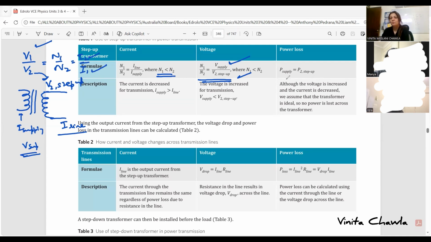And we are assuming power to be the same because we are considering that there is no power loss across the transformer. We're considering ideal conditions. And the formula for voltage drop across the line, this we have discussed already. I line, R line, and power loss. We use this formula for power loss. Clear?